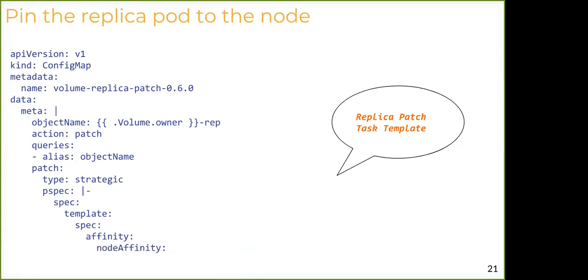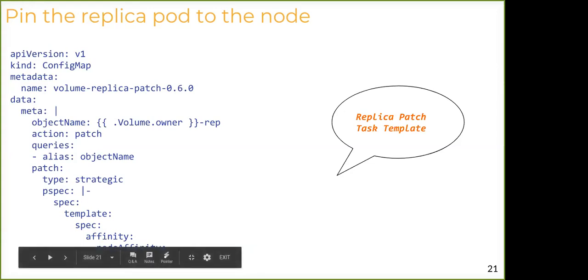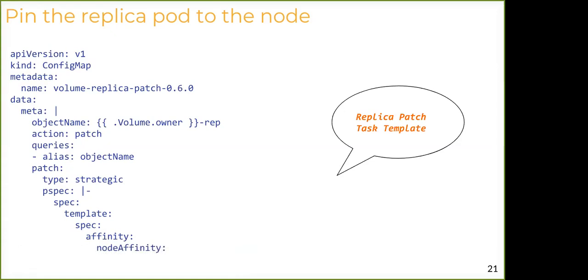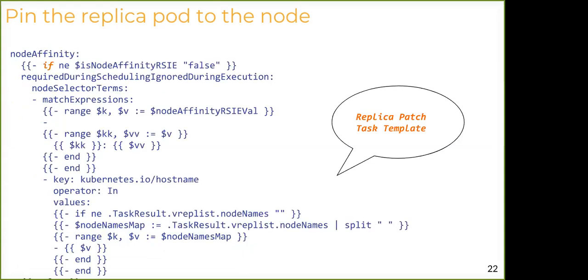So what does it do? The policy engine will patch the replica pod with something that is present here in the P spec. And when I say the policy engine will patch the replica pod, that essentially boils down to invoking Kubernetes patch API calls.